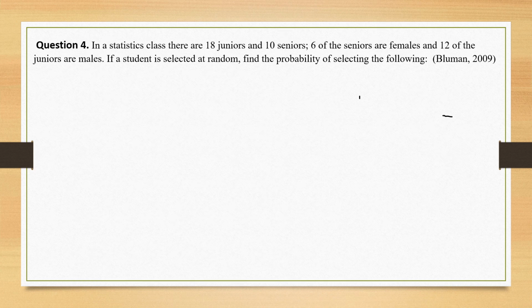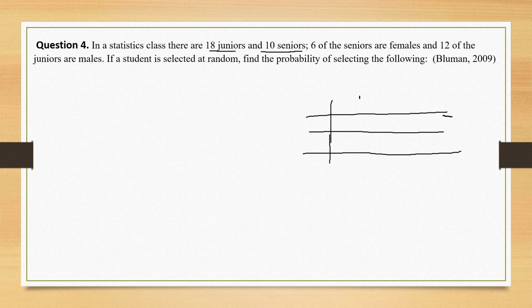Now dear student, this is the last question. In a statistics class there are 18 juniors and 10 seniors. Let's suppose I'm going to draw the table. In this table, in the statistics class, we have some senior students and some junior students.